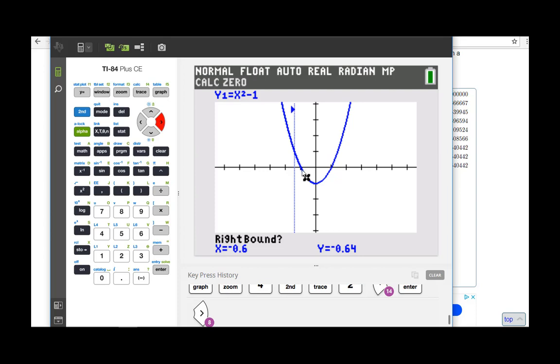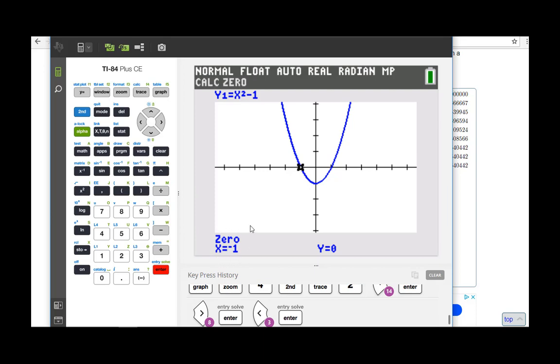So I'm going to move to the right. It wants a right bound. So here's my x-intercept. I'm going to move to the right of that x-intercept, hit enter. And then it wants a guess. It actually doesn't matter where I put my guess. I could just hit enter one more time here. But what it really wants me to do is to try to get as close as possible and guess. It runs a little program in the background, and it finds the zero, finds the x-intercept of that function.